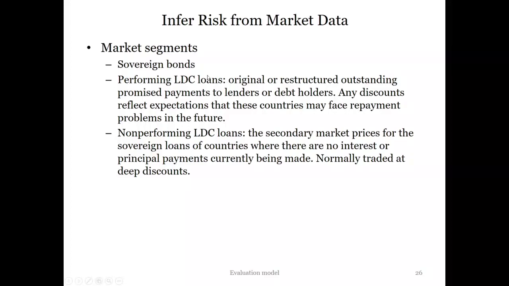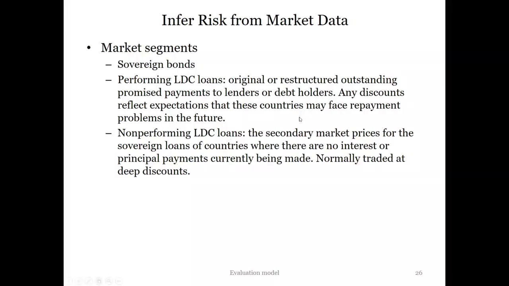And if we look at performing and non-performing LDC loans, you should also have some idea about what's going on in a country. If a country's loan is performing very well, paying interest and principal payments on time, we usually call them performing LDC loans. They represent that the country is operating very well. Non-performing LDC loans, we also sometimes call junk bonds.